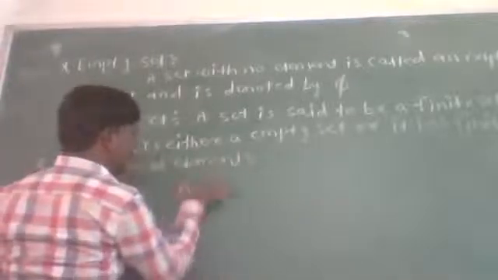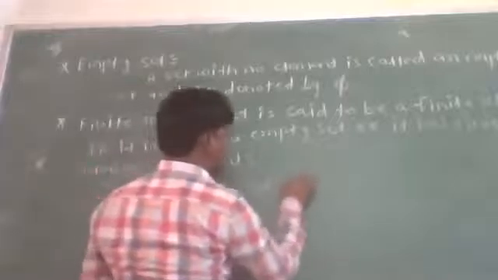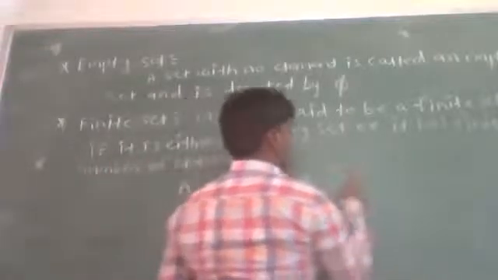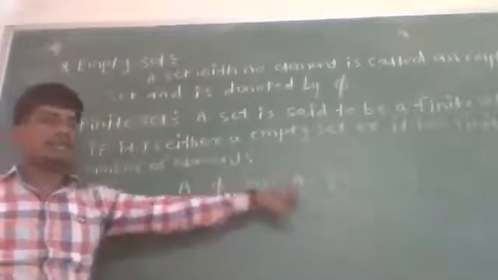That is, suppose A is a set, then A is said to be a finite set if A is empty or A contains a finite number of elements.